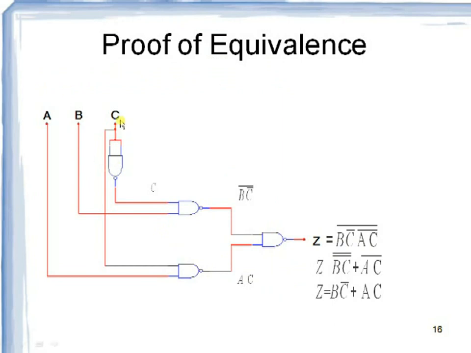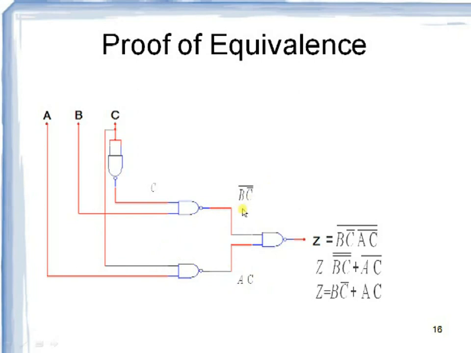Let us see. This NOT gate is receiving C, therefore the output of this NOT gate is C bar, and this NAND gate is receiving two inputs, C bar and B. Therefore it is BC bar whole bar, and then this NAND gate is receiving two inputs C and A. Therefore it is AC whole bar.